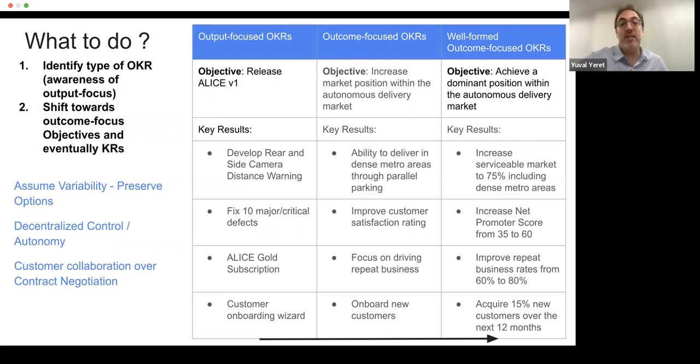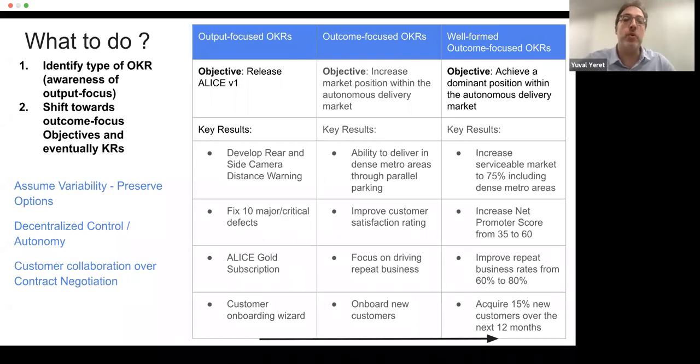So what should we do? At the minimum, we should start by growing this spidey sense, this language around what type of OKRs we have. Is our objective output focused, outcome focused? Is it a milestone?